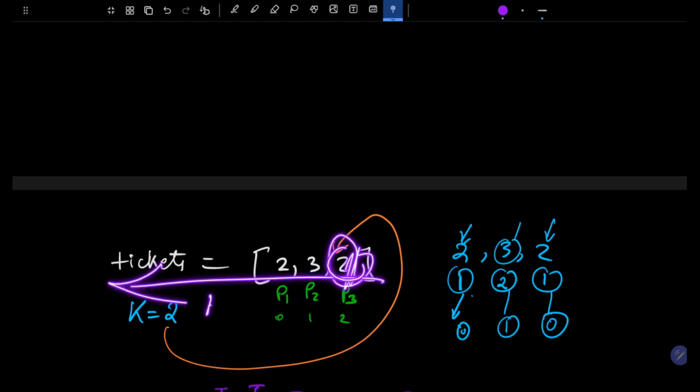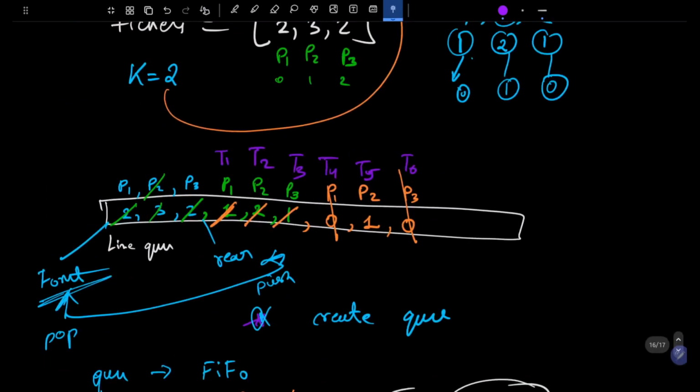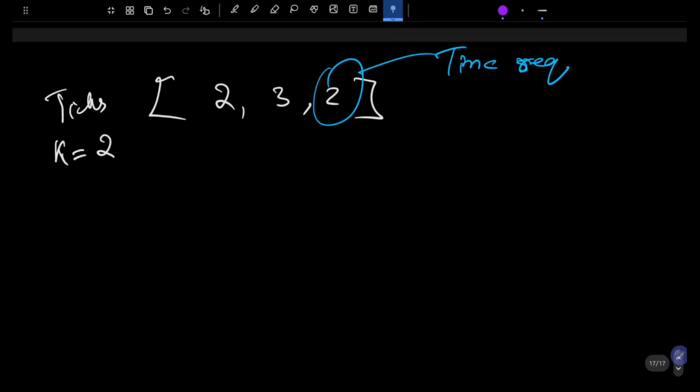Two tickets. In this example, the persons before the second position are P1, P2 and P3. The person coming before P3 can buy at most two tickets.